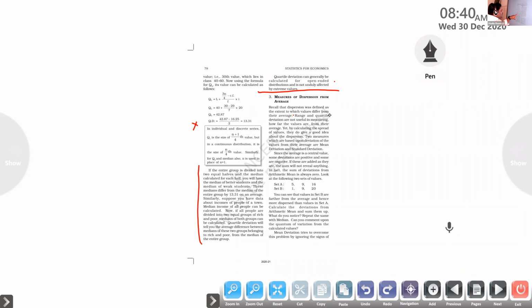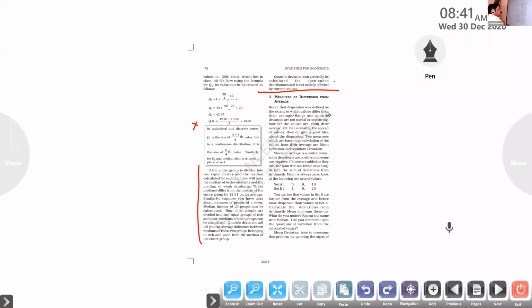Yet by calculating the spread of values, they do give a good idea about dispersion. The range and the quartile deviation will give an idea, but cannot give the exact figure related to the average and the lower and higher limits of that data.